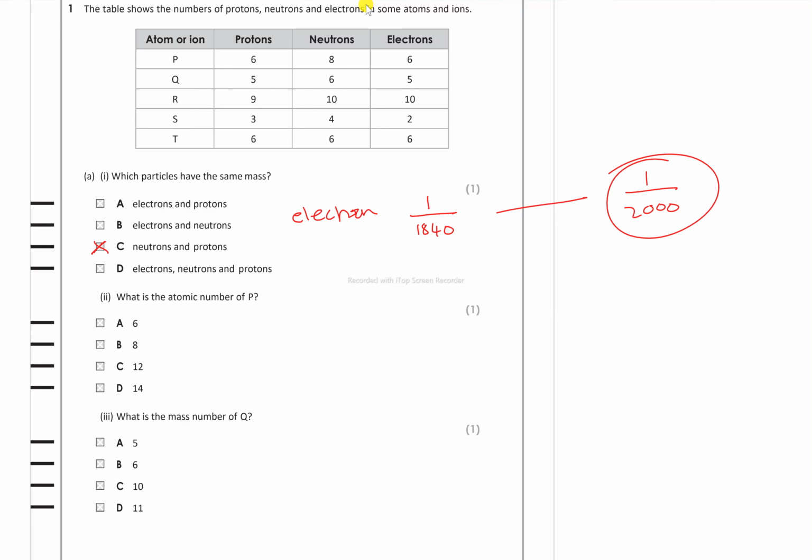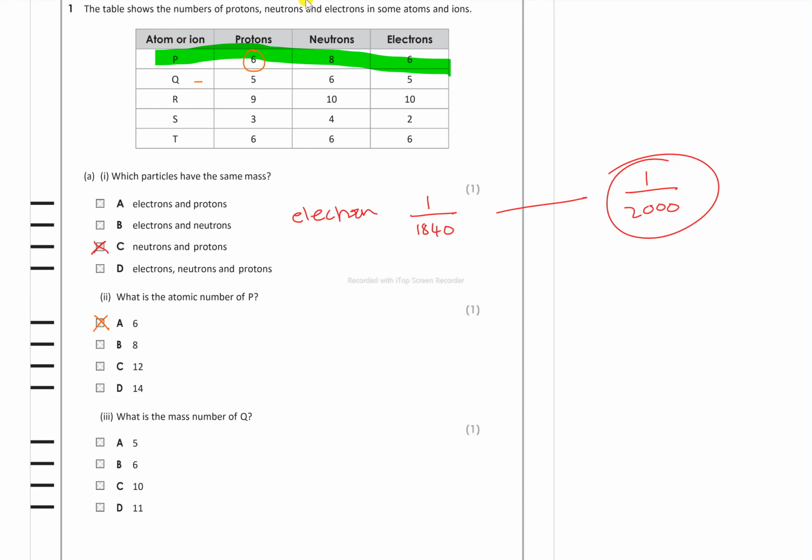What is the atomic number of P? So P is there. The atomic number is, oh, that's terrible. It's this one. The atomic number, not relative atomic mass. So it's got an atomic number of 6. What is the mass number of Q?